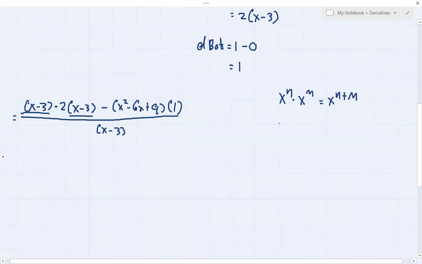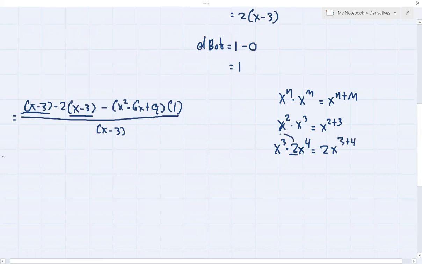Diba? So let me give you some examples. Meron tayong x squared times x raised to 3. So ano mangyari? This would be x raised to 2 plus 3. So isa pa. Let's just say we have x cubed times 2x raised to 4. So this would be 2 times x raised to 3 plus 4. Itong si constant, nilagay lang sa harap.